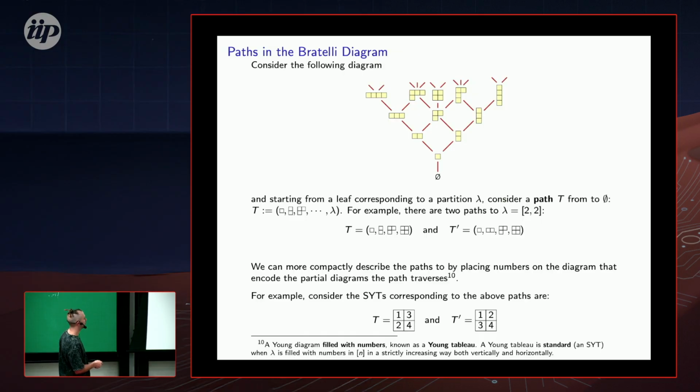For example, if we want to see where we branch first, we just remove the 4 and we have this one. And then we remove the 3 and we have this one. So this thing is going through this path. Instead, this one is going through: remove 4, remove 3, and you have this 1, 2. So you have the diagram with the two boxes on the first row. So it's saying that you're going through this path.